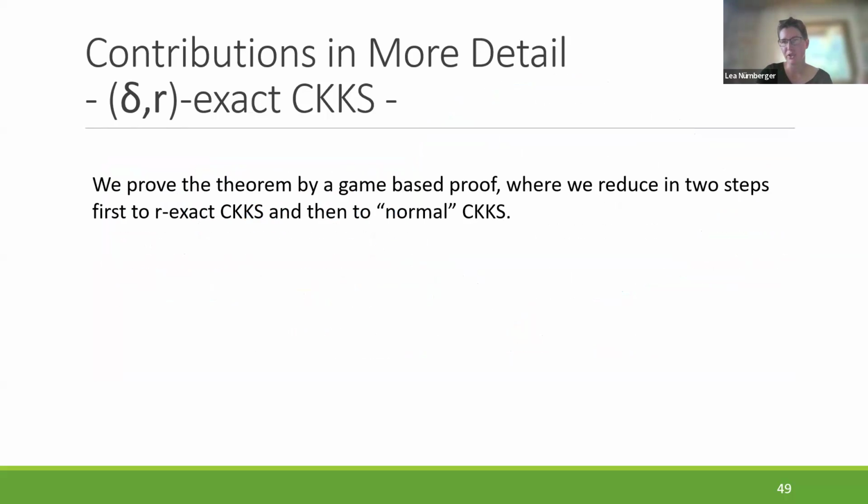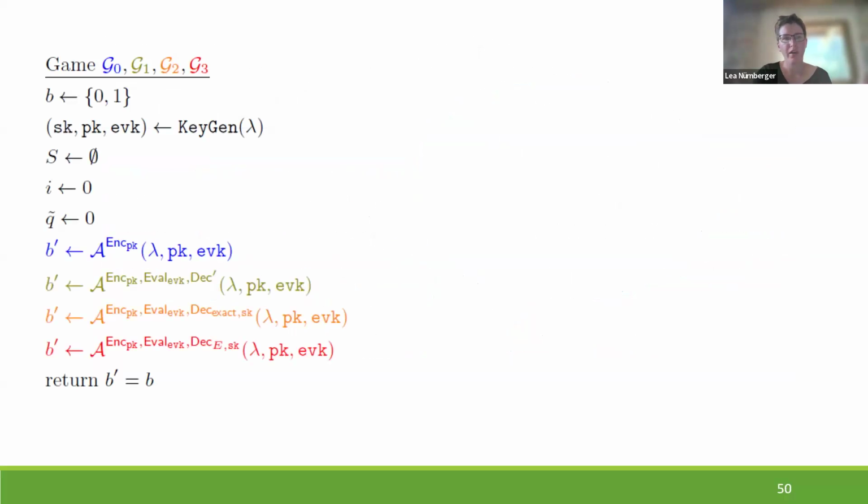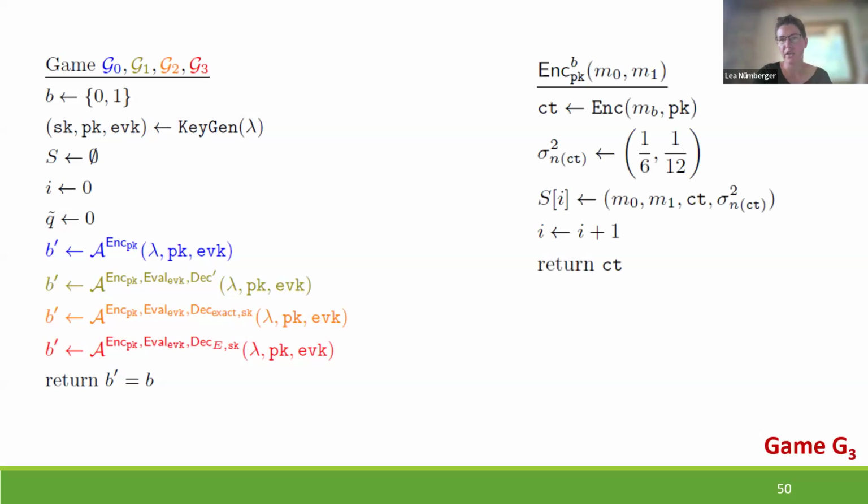So we prove this by a game-based proof through which I just would like to very quickly walk you. So we have 4 games where G0 is just the IND-CPA game. And in game 3, we have an encryption oracle, which is the normal encryption oracle from IND-CPA-D security with the minor addition that we are also calculating the standard deviation of a fresh encryption and adding it into the state.